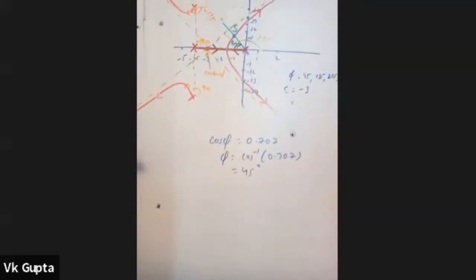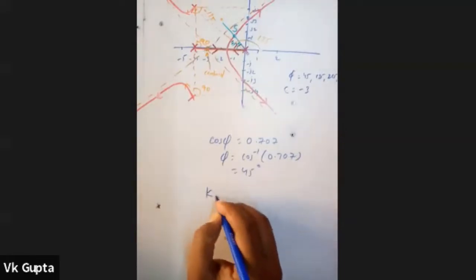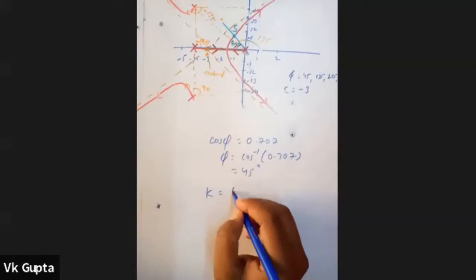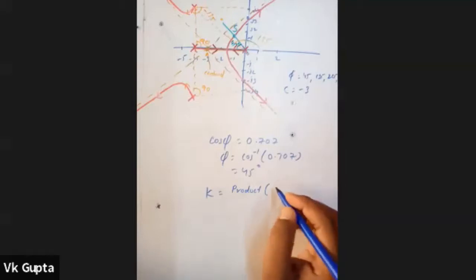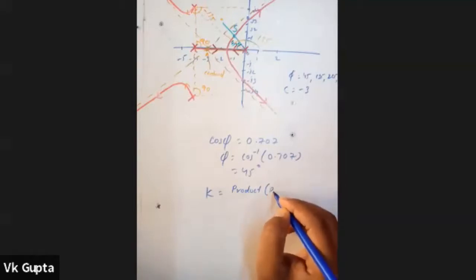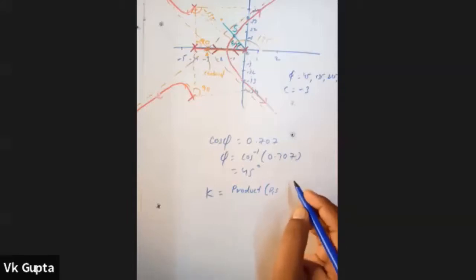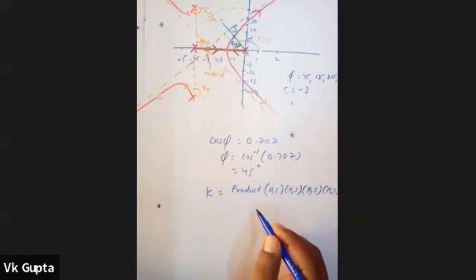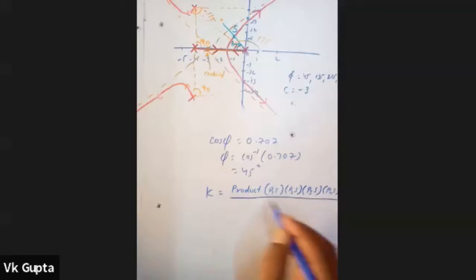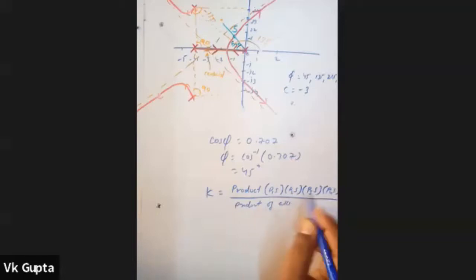Now how to find K? K equals the product of P1S, P2S, P3S, P4S divided by the product of all zeros.